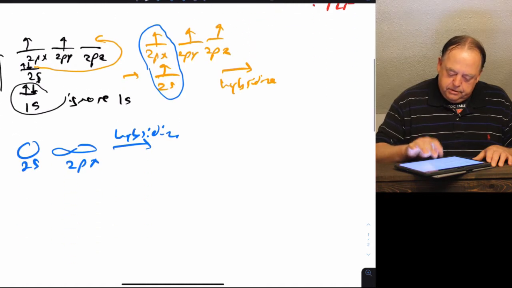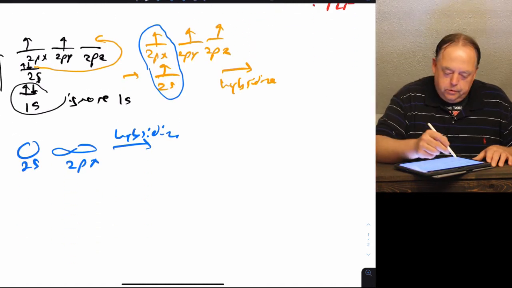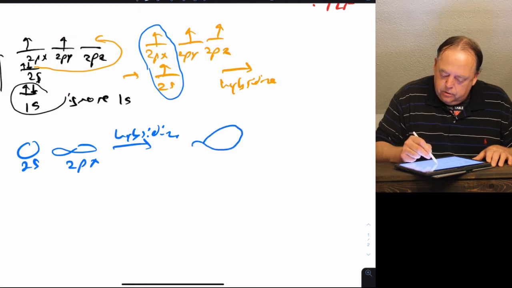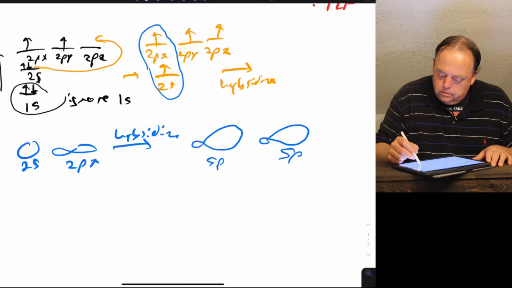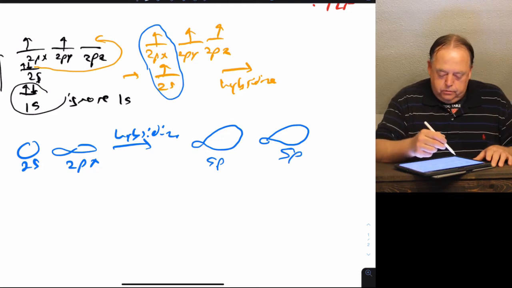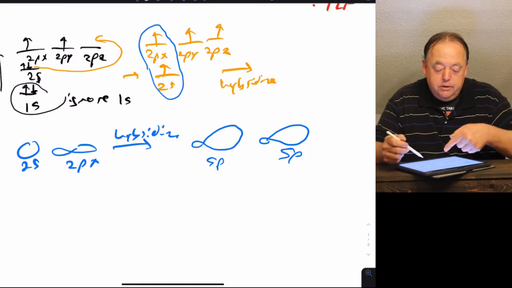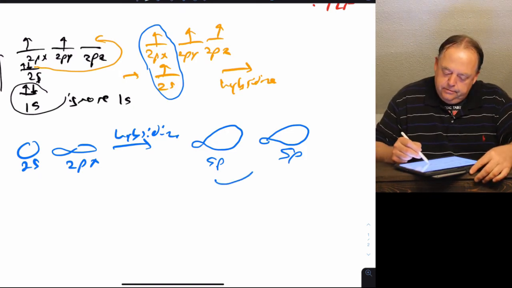We're going to mix two orbitals, so we're going to get two new orbitals out. And what do those orbitals look like? Again, they're going to have a big lobe and a small lobe. Two electrons went in, two electrons came out, two orbitals went in, two new orbitals came out.